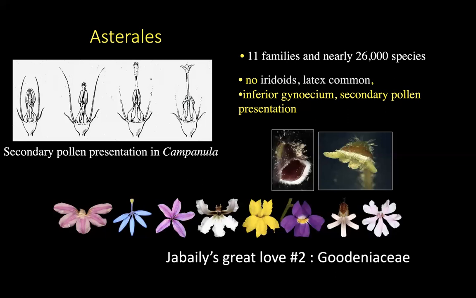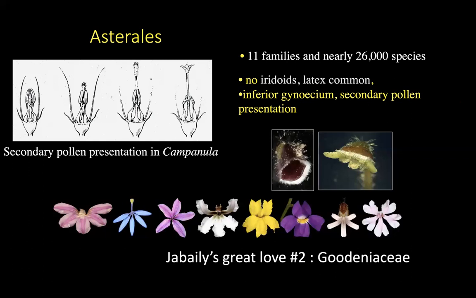But I just wanted to show you what's going on with their style and their stigmatic region. So they actually have a cup shape at the very tip of their style. And so in bud, before the flower has opened, that's when the anthers dehisce and all of the pollen falls into that cup. So when the flower actually opens, the anthers have withered.